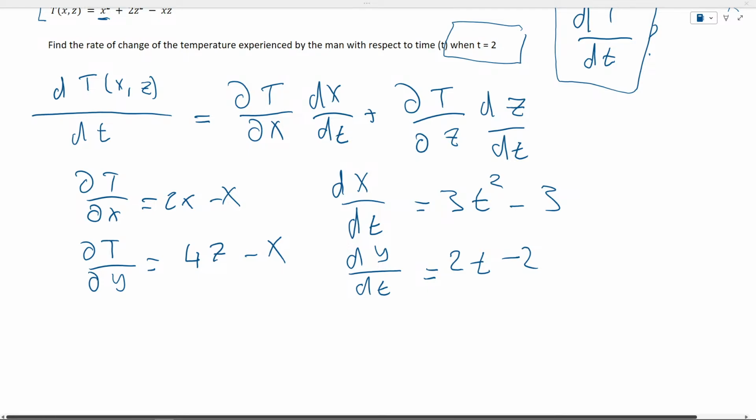So I can basically substitute here 2x, and so basically I have x times 3t squared minus 3, plus, sorry, this is z, I have here 4z minus x times dz over dt.